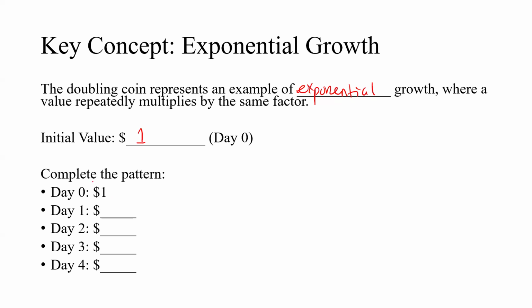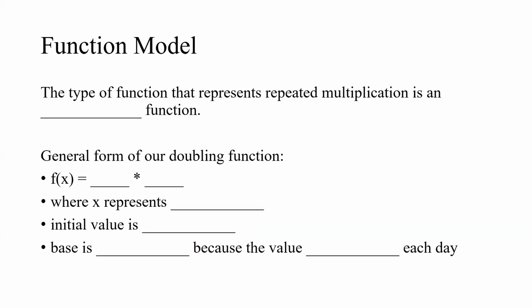So based on the pattern, what would be day 1's value? Day 1, day 2, day 3, 8, day 4, okay? Because it's doubling in value every day, right? Not adding, but we're multiplying by 2.